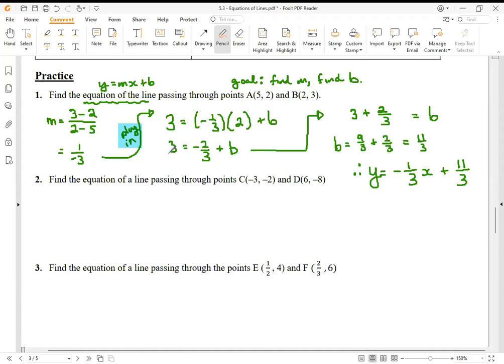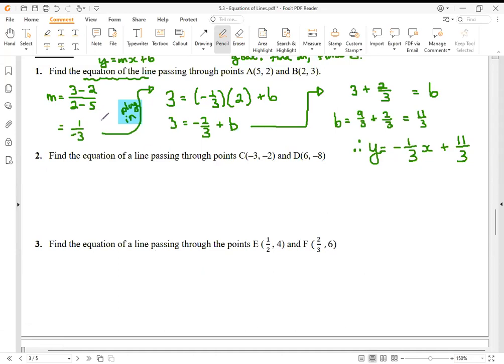Okay. Your final challenge before we call it a day is to try to do the exact same situation, even if the question gives you fractions. Find an equation of a line means I need y equals mx plus b, which means I need slope and I need y-intercept.